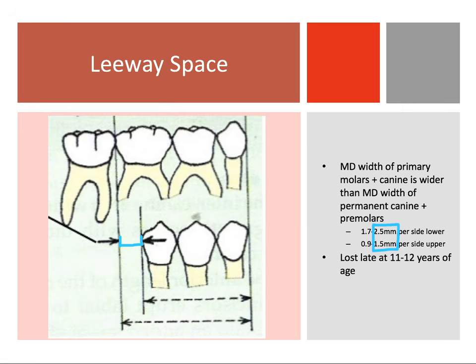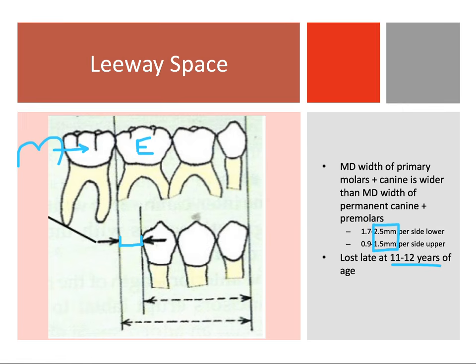This leeway space is lost later at 11 to 12 years of age with exfoliation of the primary second molars, or the E's, I like to call them, and the eruption of the permanent second molars. Of course the permanent first molars are already in, then at about 11 or 12, we're losing this tooth and gaining this second molar, which you can again think of as pushing everything in a mesial direction.